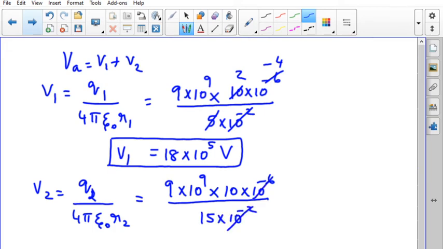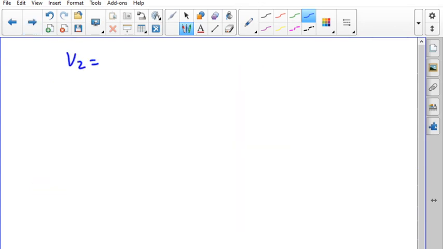So this will become 10 power minus 4, 2, 3. So I will get 6 into 10 power 5 volt. So the value of V2 is equal to 6 into 10 power 5 volt.